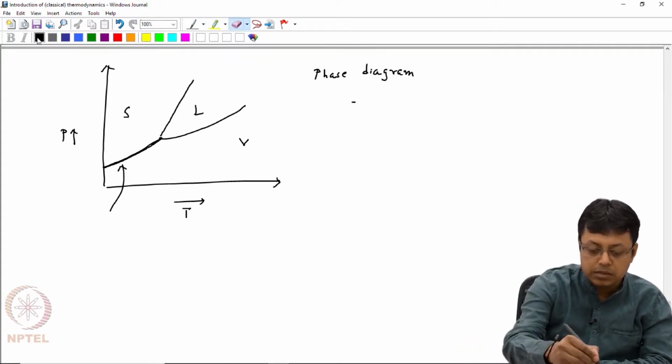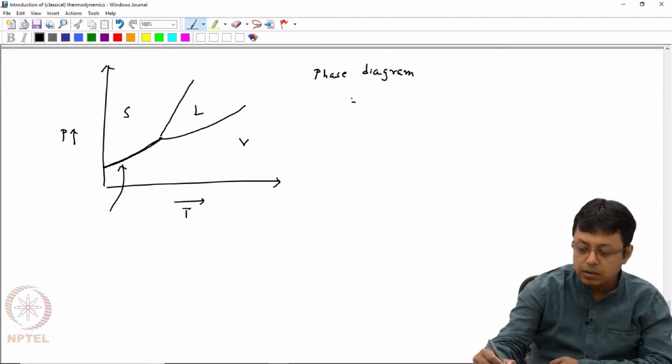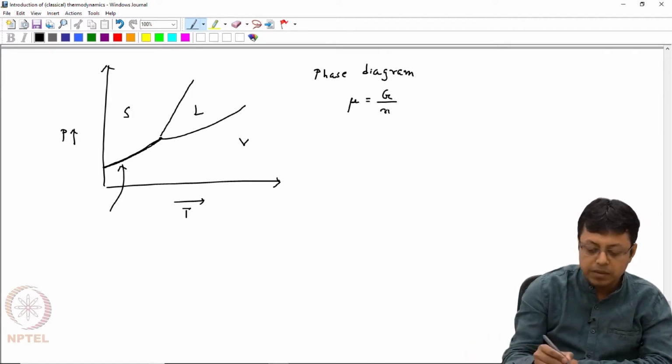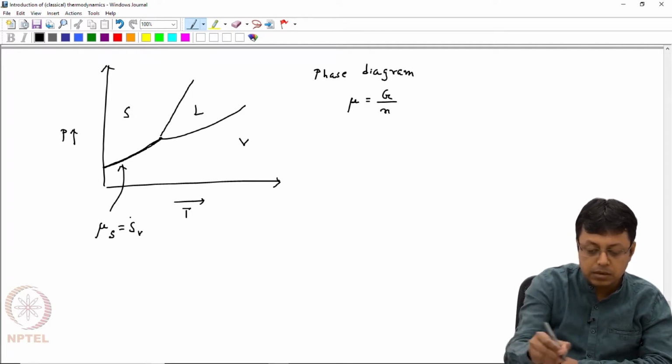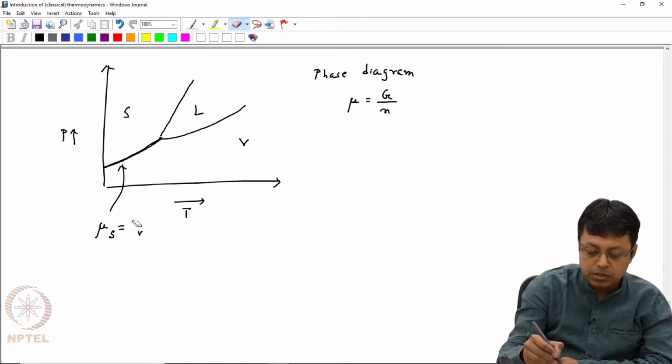We have not discussed chemical potential until now. So chemical potential is nothing but the Gibbs free energy per unit mole. This chemical potential must be equal for the solid and the vapor, because it's the line which is joining the solid and the vapor.